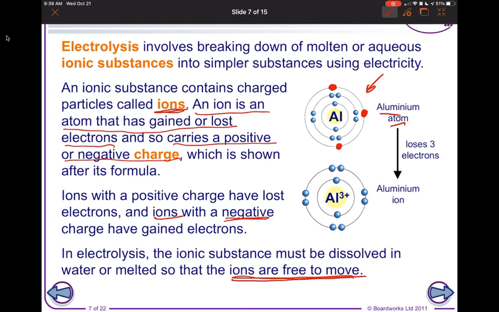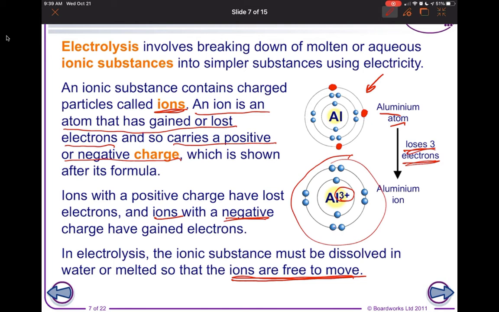And remember, you can know the number of valence electrons by looking at the group number. All right, so since aluminum is a metal and only has 3 valence electrons, when it forms an ion, it becomes positively charged by 3 because it's going to lose those outer 3 electrons. So what is left is a full outer shell, as you can see right there.